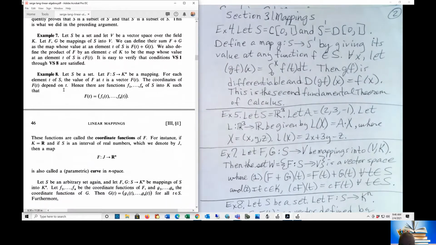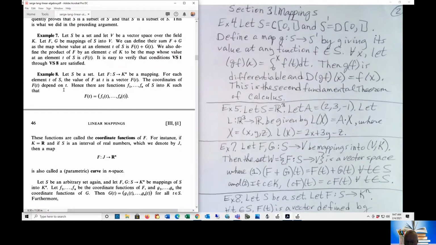Let f and g be mappings from set S into a vector space V over field K. Then the set, call it W, of all such functions f, or mappings, from S into V is a vector space with the following definitions of addition and scalar multiplication.